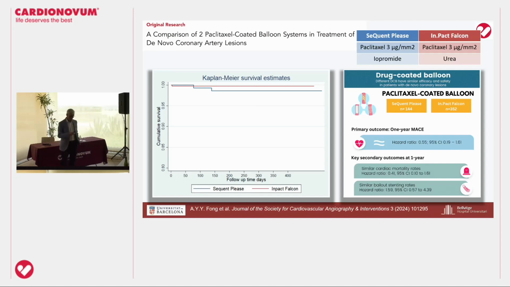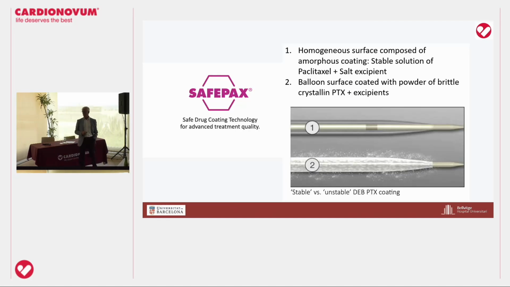So probably all these excipients want to create this effect, and from the clinical point of view, the results in these studies are the same. So probably the two excipients help the drug go into the vessel wall.